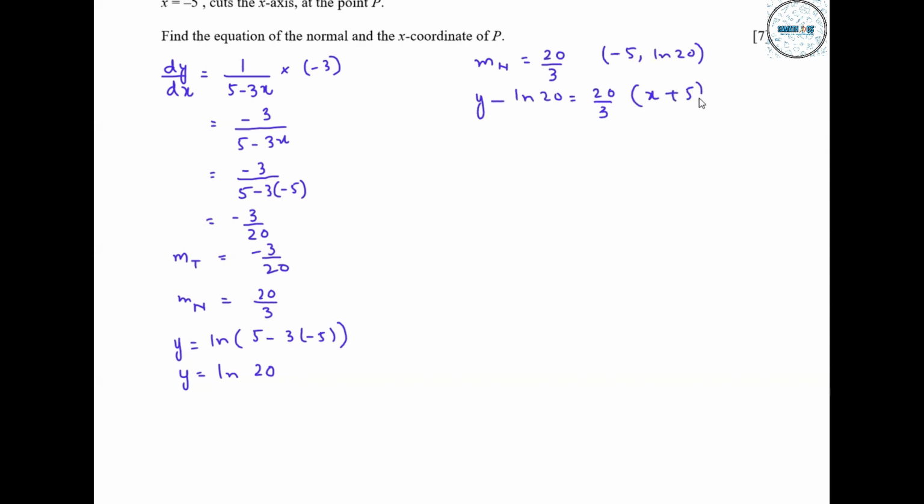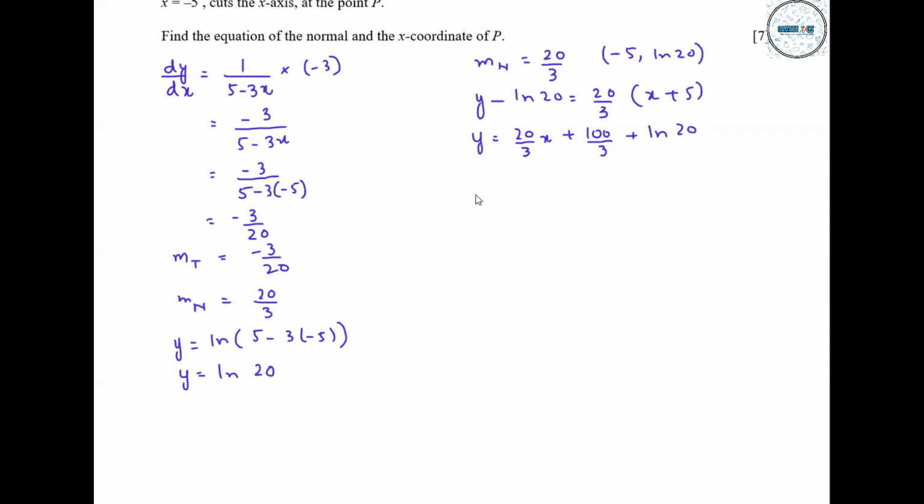So we have here y is equal to, we will multiply this by this and we will take minus ln 20 on this side. So it will be 20 upon 3x plus 20 upon 3 multiplied by 5 is 100 upon 3, plus, minus ln 20 on this side will become plus ln 20.